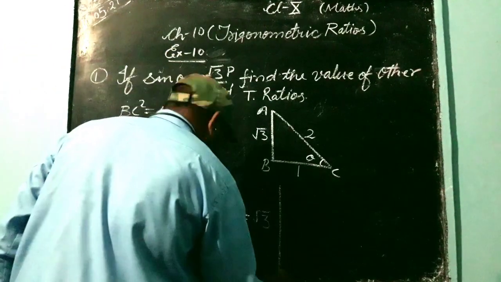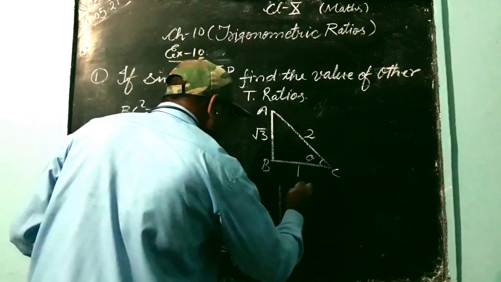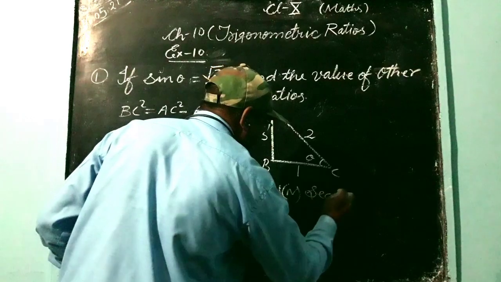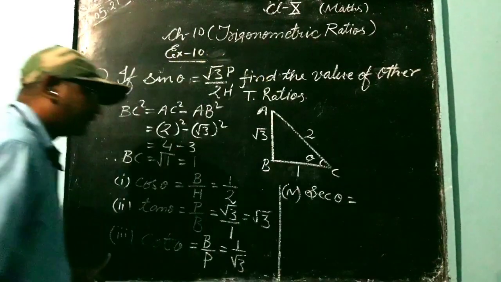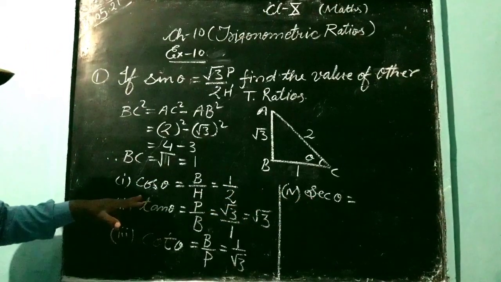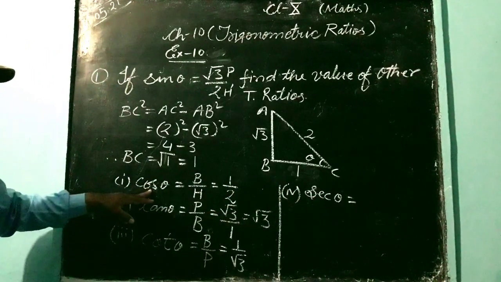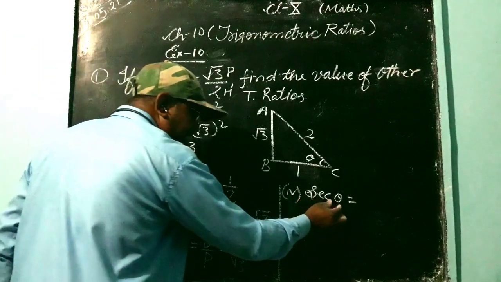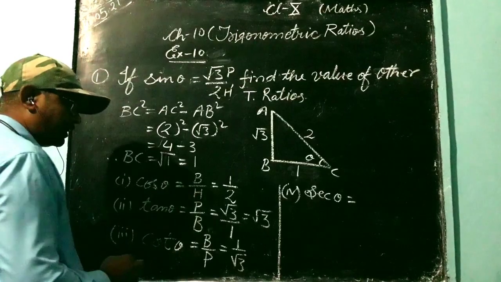Now fourth, sec theta. Sec theta is the reciprocal of cos theta. Understood?